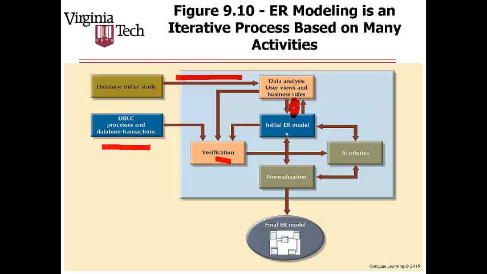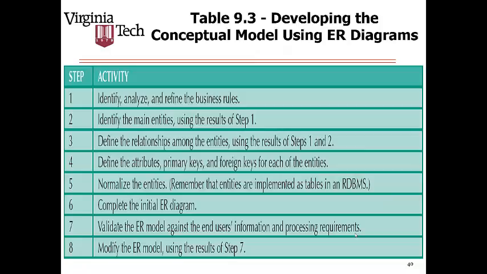We are working to solve the problem in a way, but we are still not writing any code or any SQL to create tables or anything like that. So the process is to iterate through here and come up with a final ER model that is complete and correct. Once we have that, we're ready to move forward into the design phase.